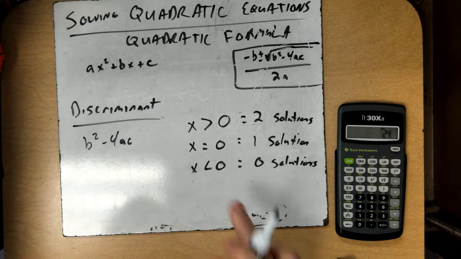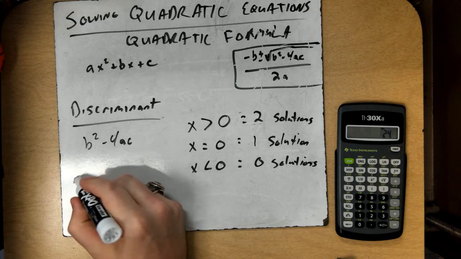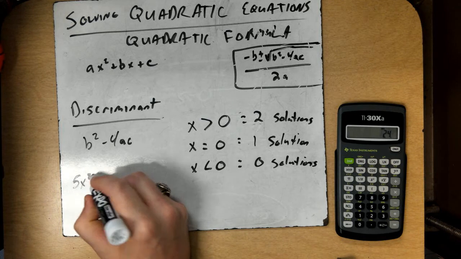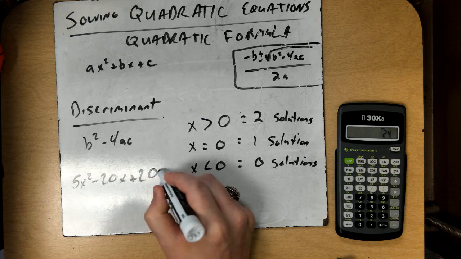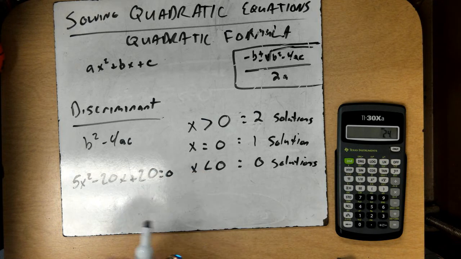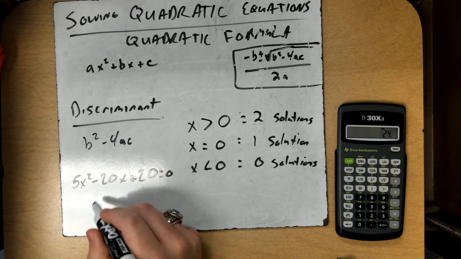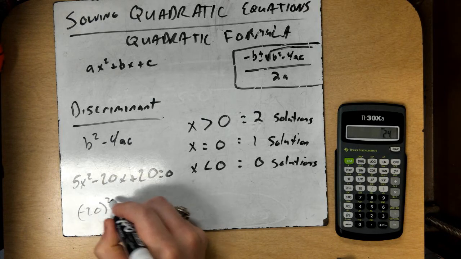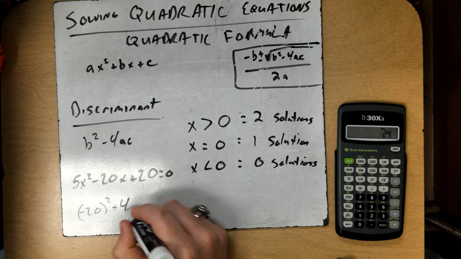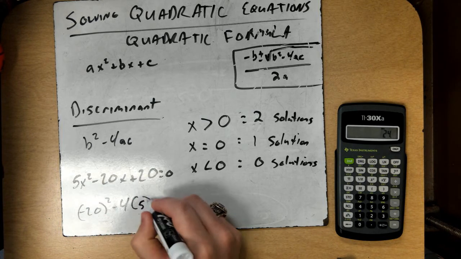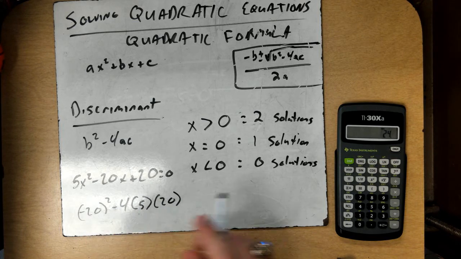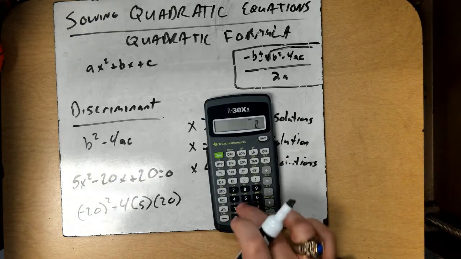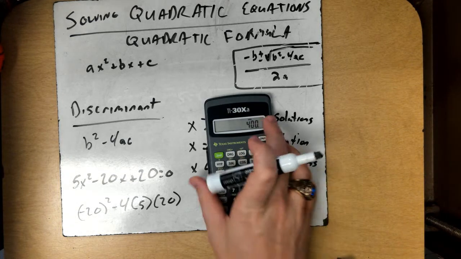Let's do 5x squared minus 20x plus 20 equals 0. Okay, so b is negative 20 squared minus 4 times a, which is 5, times c, which is 20. So negative 20 squared is 400.